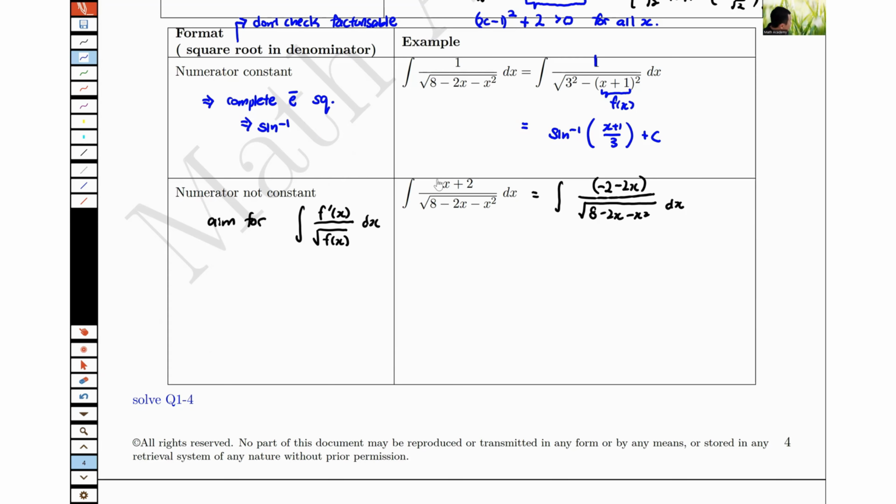Balance the equation, the coefficient of x must be 1. So I want to balance with negative half. Negative half times minus 2, your current constant is the plus 1. I want to make it plus 2, so I add another 1. We split into two terms.